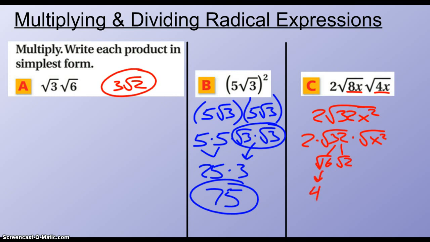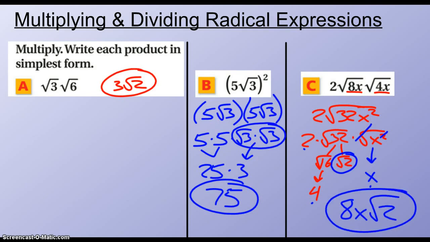And then the square x to the second under the square root, remember, these just cancel each other out. This just turns into x. So what do we have? We have 2 times 4 times x, or 8x, with the square root of 2 left over. That's one way to get there, and then there are other ways to get there as well.